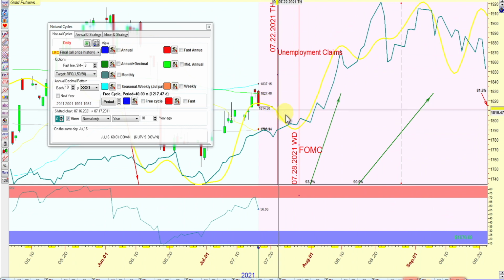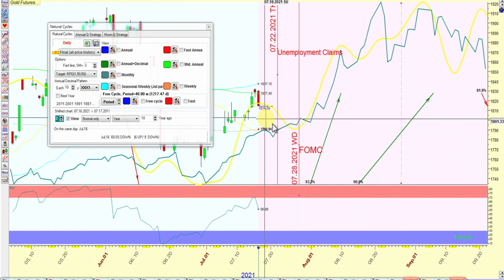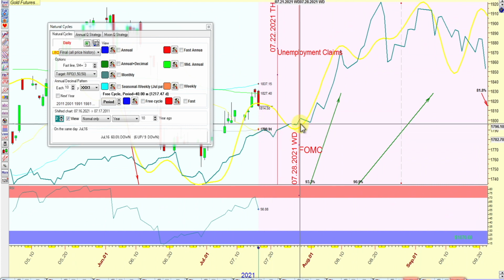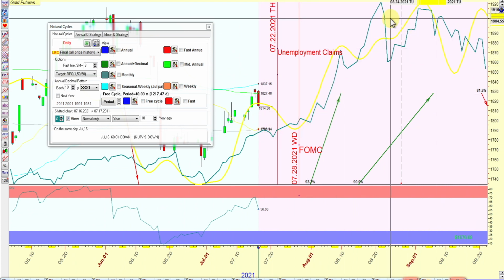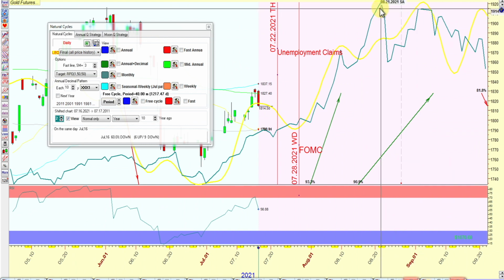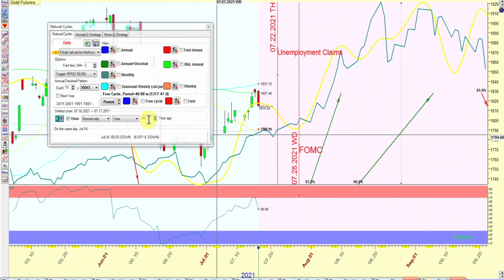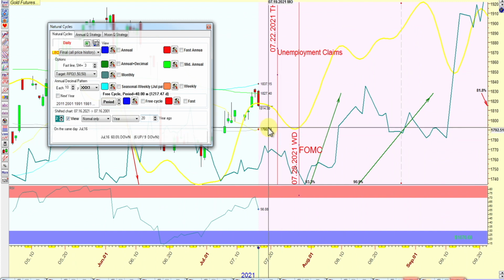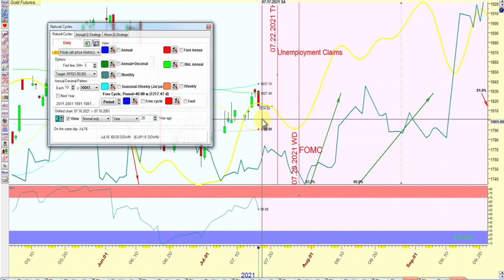The annual cycle is almost doing that, but this one was a short little dip, and then it continues going higher. It tops out here in August, September, possible tops. If you take 20 years, there's another set of cycles that Gann used.